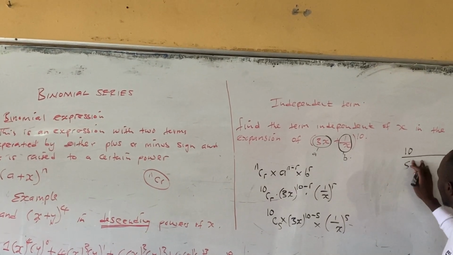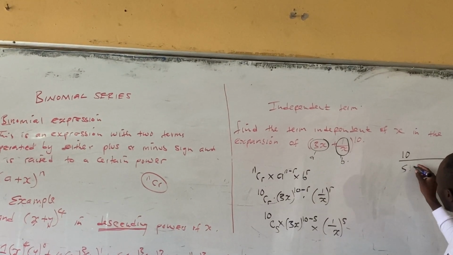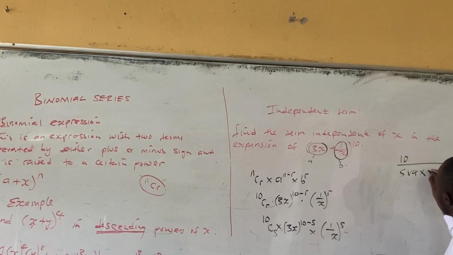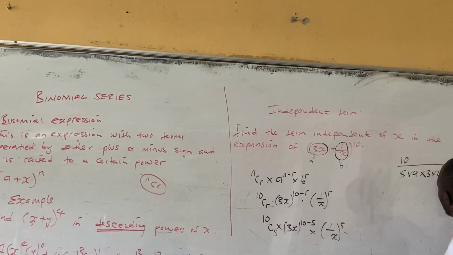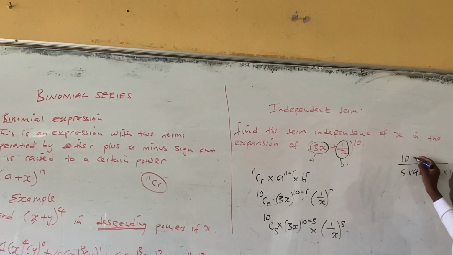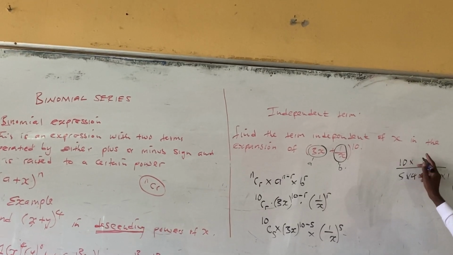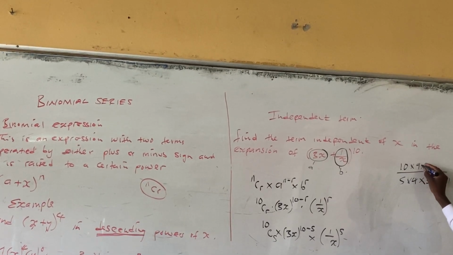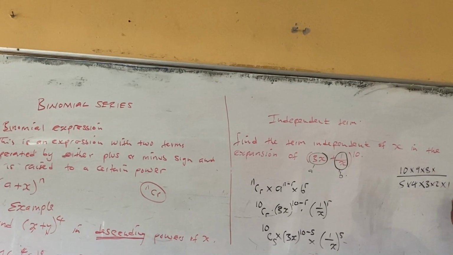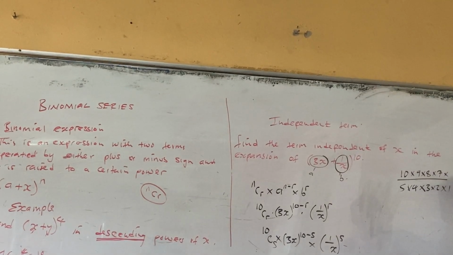So 5 factorial is the same as 5 times 4 times 3 times 2 times 1. Then here I'll take 10 times 9 times 8 times 7 times 6.